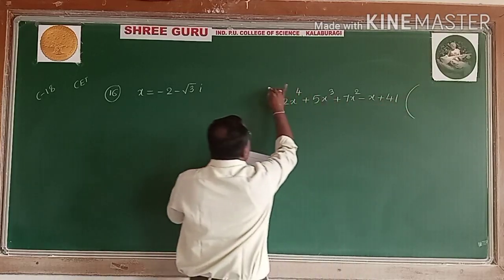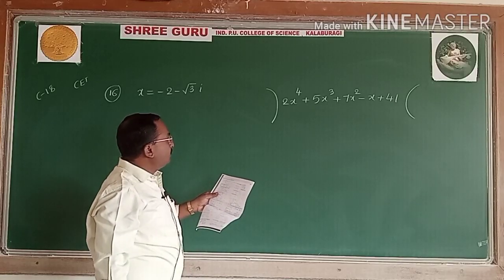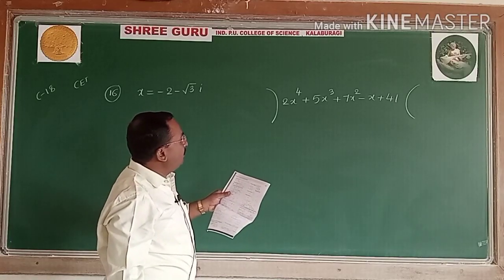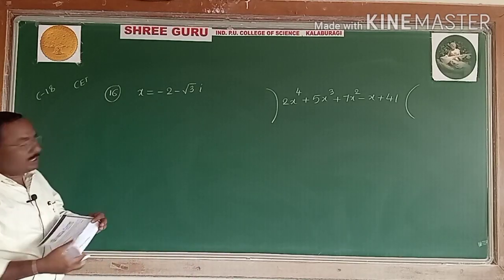Check it. 2x to the power 4 plus 5x cube plus 7x square minus x plus 41, where x is equal to minus 2 minus root 3i.